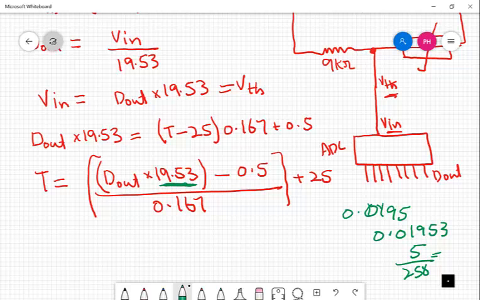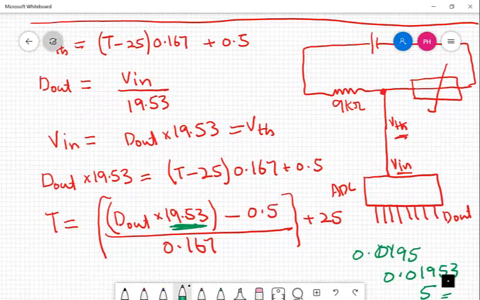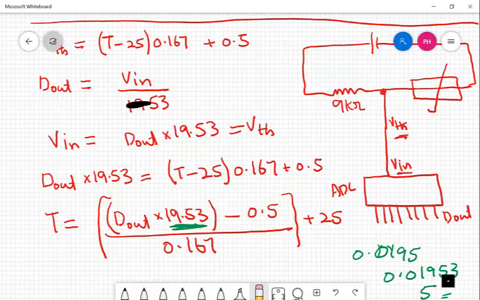So this here is in millivolts, and I have to change it back to volts. So it has to be 0.0195 everywhere.